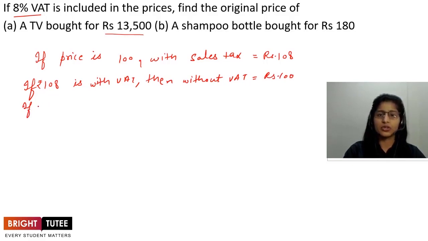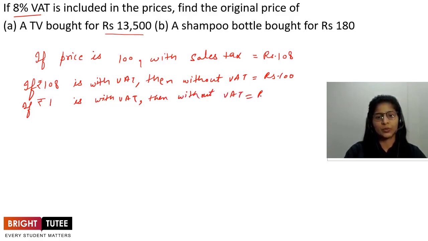If we'll use unitary method now, if rupees 1 is with VAT, okay, if VAT is included, then without VAT, for 1 we are going to divide rupees 100 divided by 108. Clear?